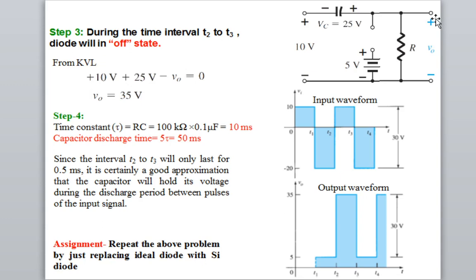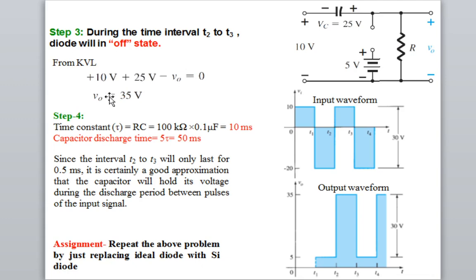So now, in order to find the output voltage, if you apply the Kirchhoff voltage law, this voltage and this voltage are in series combination, minus plus minus plus, and this voltage becomes effectively 0. So plus 10 volt plus 20 volt minus output voltage equals 0.